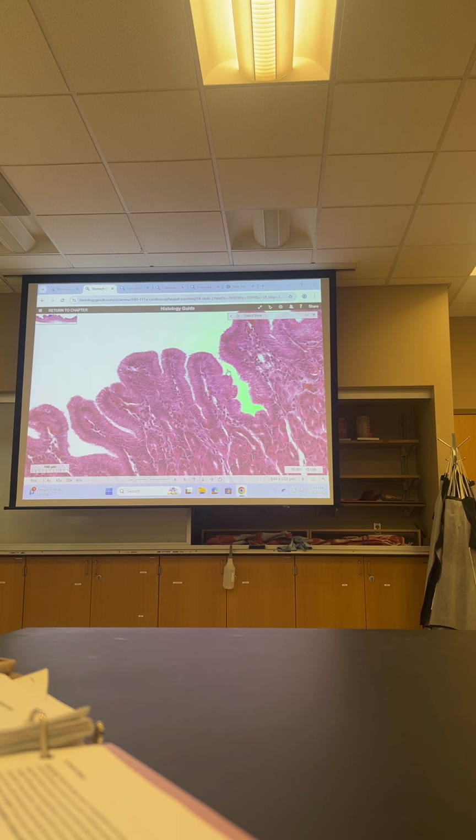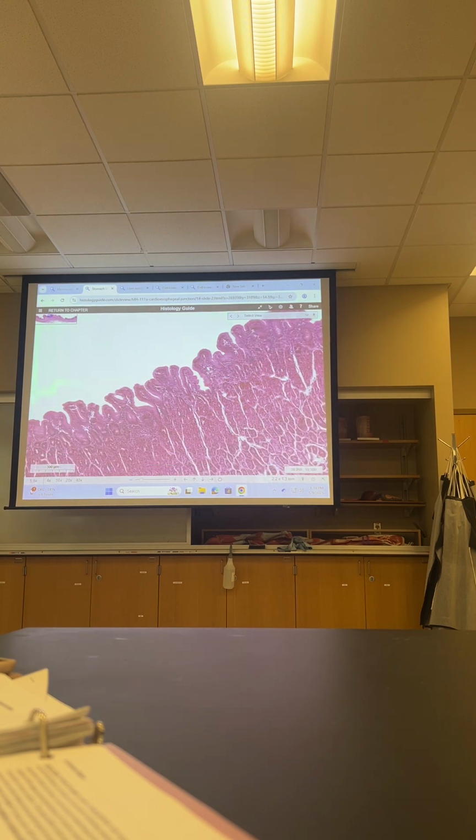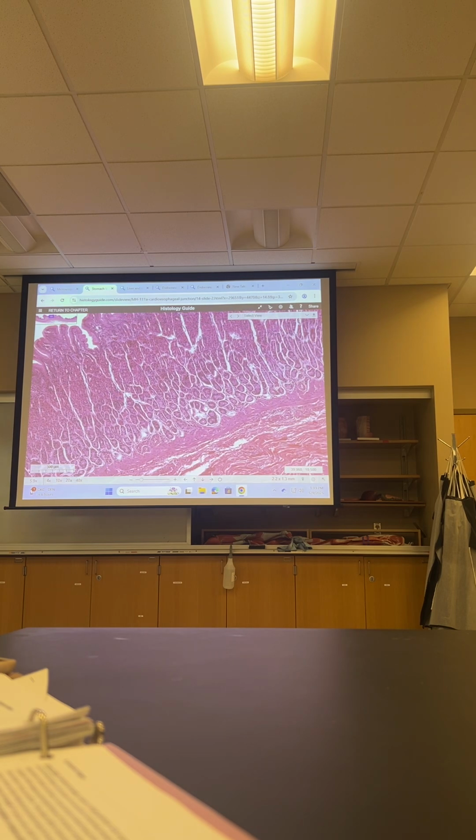And then at the base of the pits are gastric glands. So down here, these are all gastric glands. And the gastric glands are what helps secrete hydrochloric acid and enzymes that are gonna help break down the food that's in your stomach.